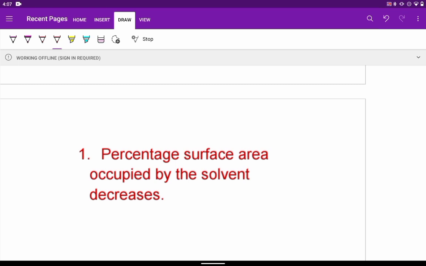When it happens, the rate of evaporation and the vapor pressure also will decrease. Why is there a decrease in the surface area? Because solute molecules are there, they also occupy the surface. So the percent surface area which is occupied by the solvent decreases. So this is the first thing.